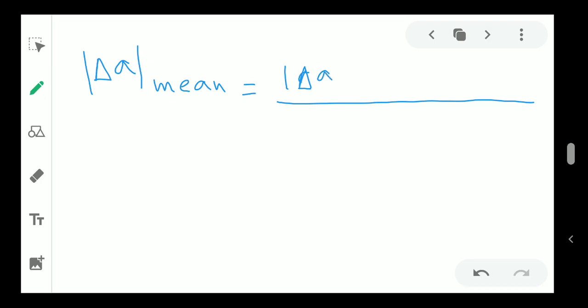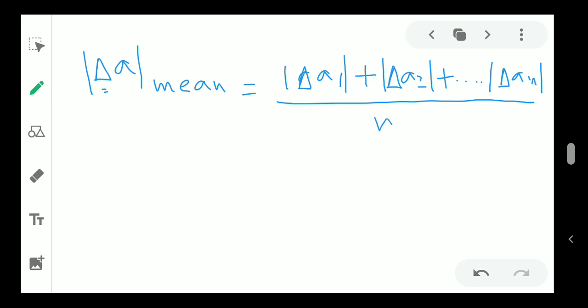Acha, one more thing: this delta sign means error, or you can say a small portion, and here we are using it as error. So delta a2 like that, and so on up to delta an.